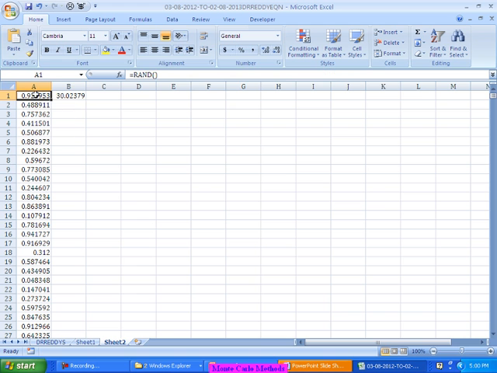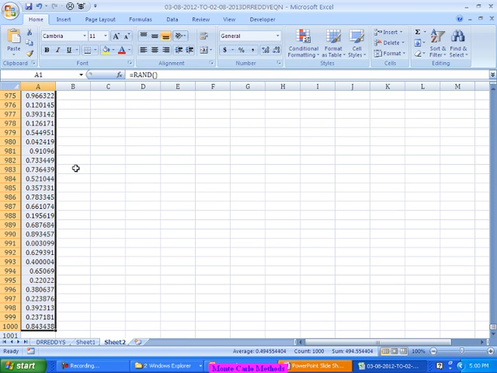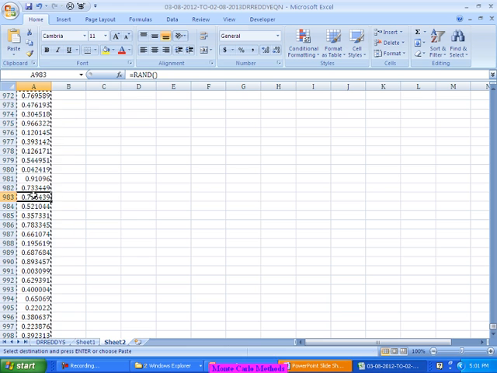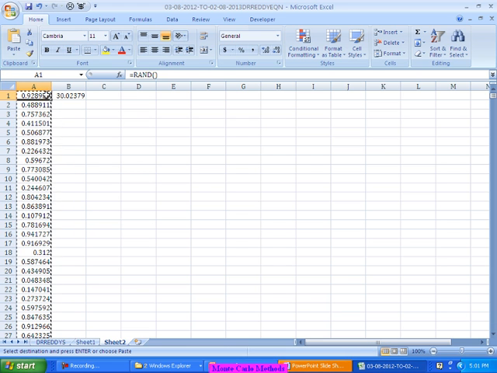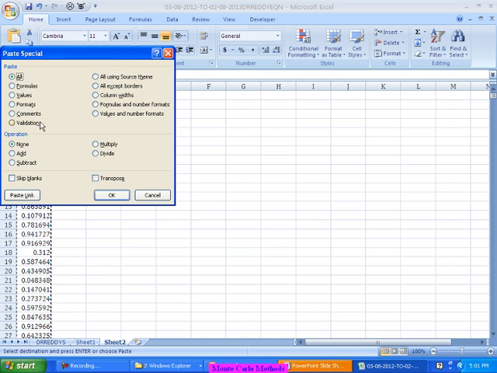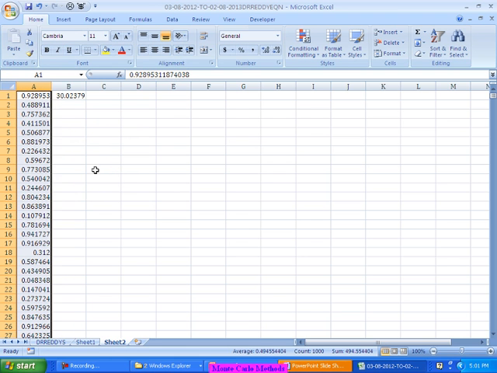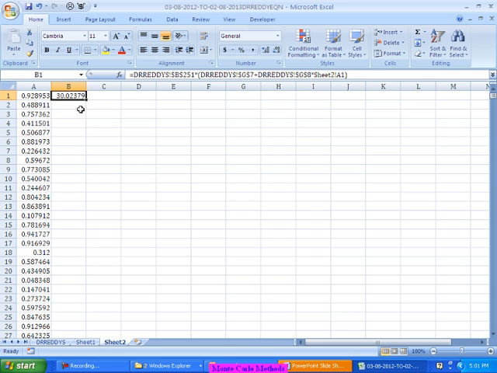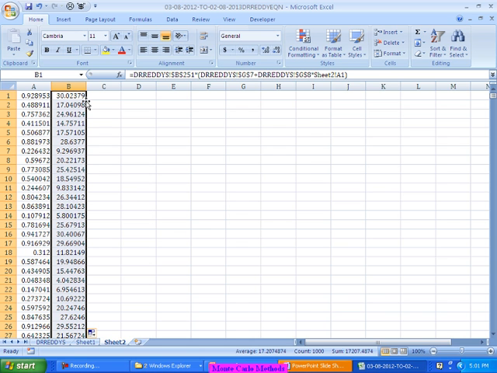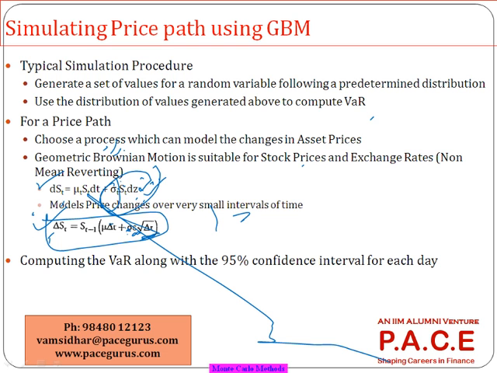For the sake of this calculation, I'll keep these numbers as constants so that they don't keep changing for me. Once I have generated the random numbers, I'll keep them constant. So these are the numbers and this is the change. These are the possible changes. Delta ST is equal to this value.